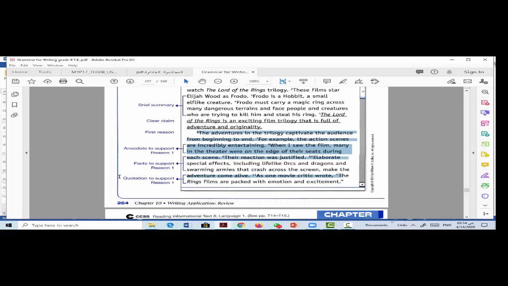Second thing is the body. Two body paragraphs. Every body paragraph is mainly talking about one reason. And these reasons are supported by details, different types of details. Body 2 is about the second reason with different details. And then conclusion, nothing new in the conclusion. You just paraphrase your opinion and you end up strong.